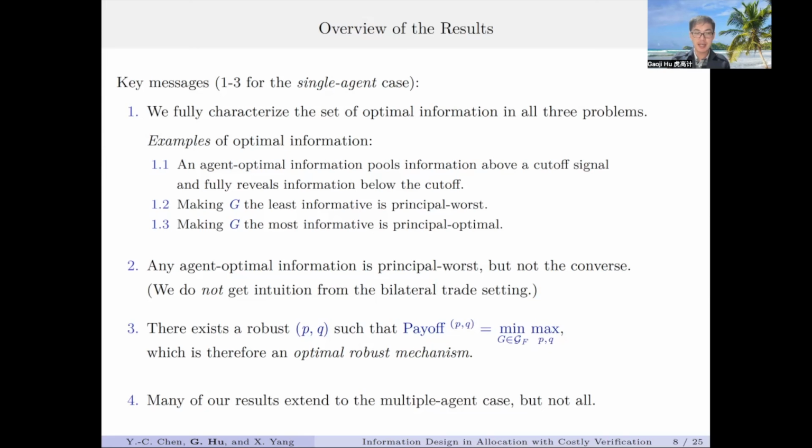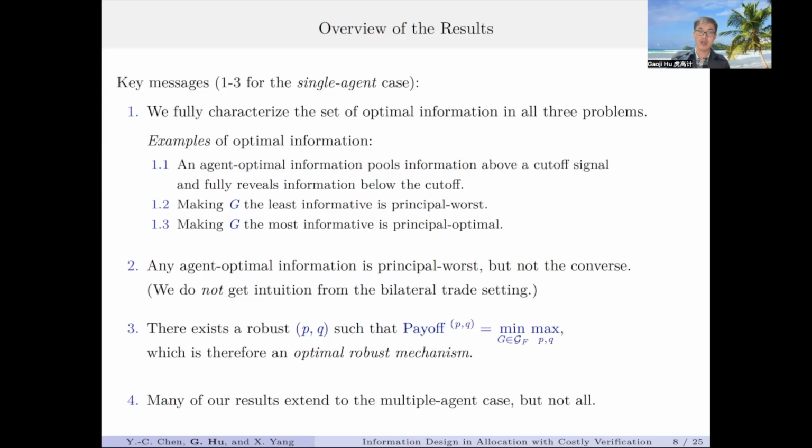And we found that there exists a robust mechanism such that the principal's payoff under this robust mechanism achieves the upper bound, in which case that robust mechanism must be an optimal robust mechanism. So the principal worst information design problem helps us to solve the optimal robust mechanism design problem.